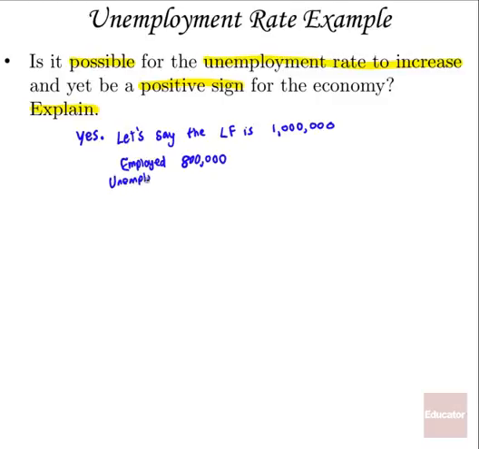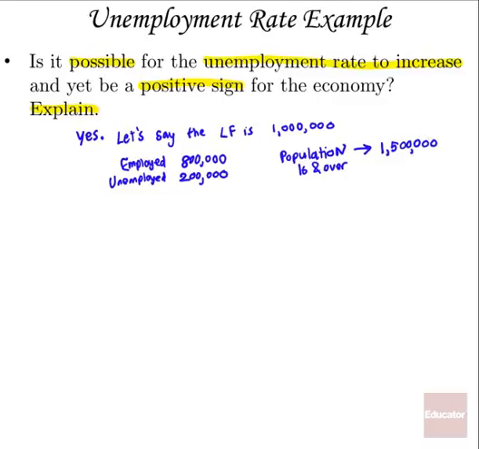Unemployed is 200,000. Population, let's say 16 and over, is going to be 1,500,000. So that's the data right here.